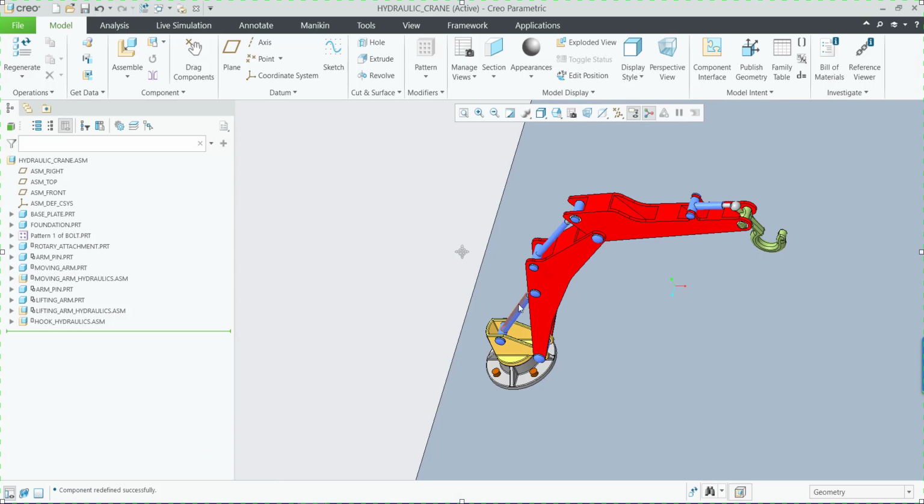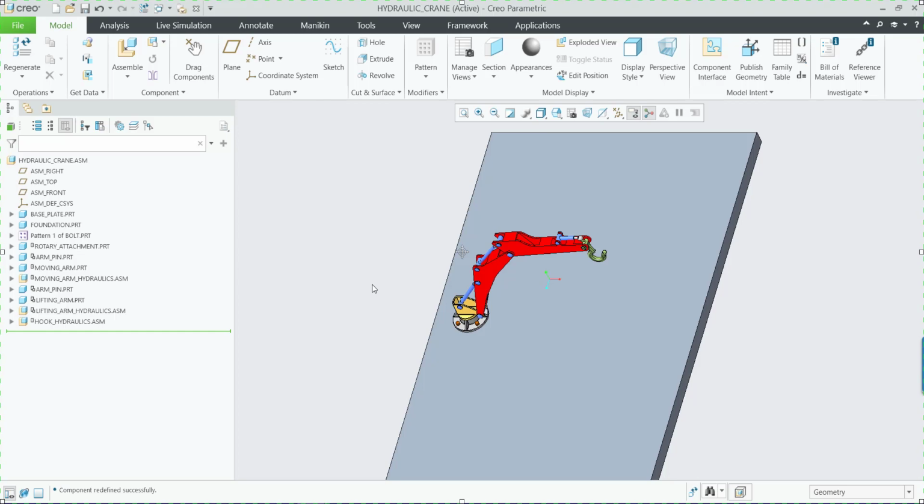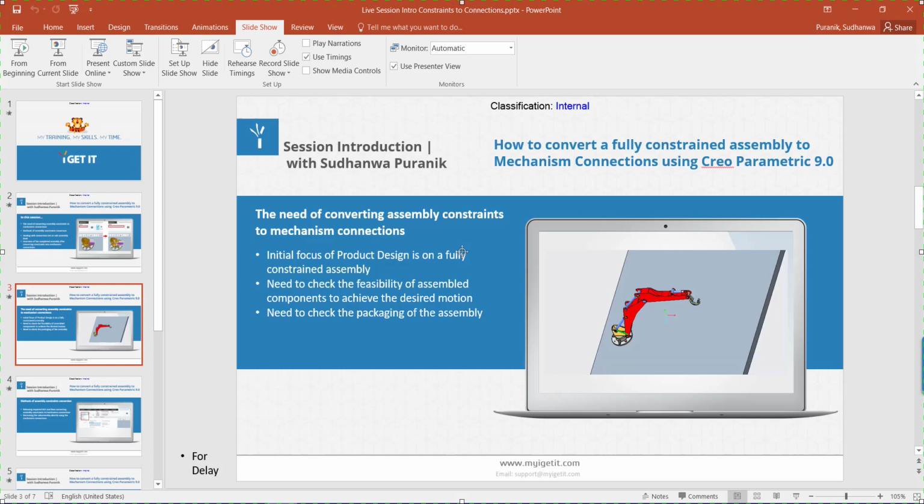It is having one piston cylinder arrangement over here that would rotate this moving arm, the second piston cylinder arrangement that would rotate this lifting arm, and the third piston cylinder arrangement that will try to rotate the hook. That's why this assembly has to have the motion, and that's why we have understood the need of converting the assembly constraints to mechanism connections.